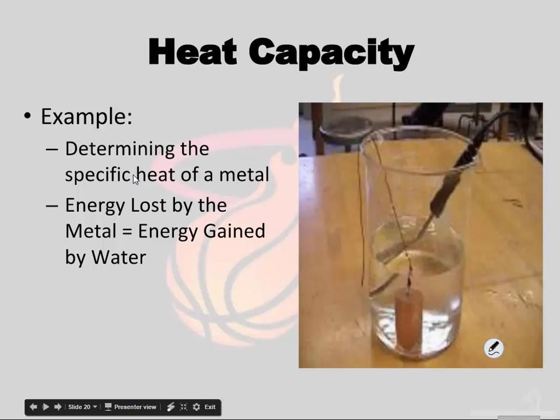And so usually we would heat up our metal, and you're going to do this in lab next week. You're going to heat up a sample of your metal to a certain temperature. You can measure that. You're going to add it to a container of water that you know the temperature of. And you're going to see that the water is going to warm up and your metal is going to cool down. And they're going to reach an equilibrium temperature, so a final temperature that's the same. So the energy lost by our metal is going to equal the energy gained by our water.